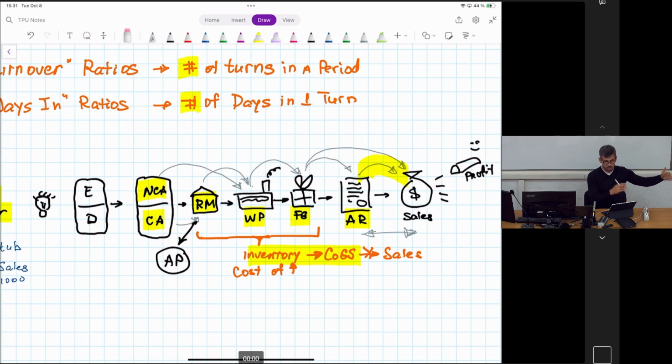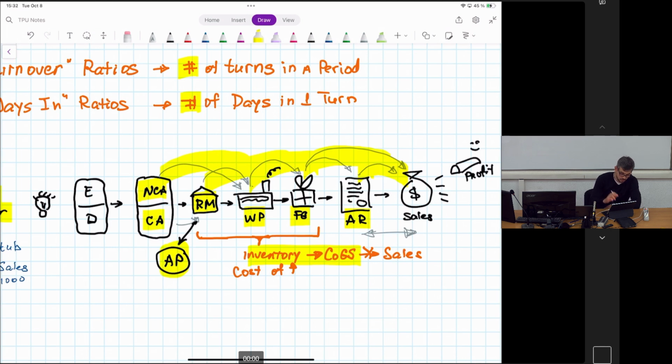So all of our assets eventually convert themselves into sales: accounts receivable, finished goods, work in progress, raw materials, and also accounts payable.